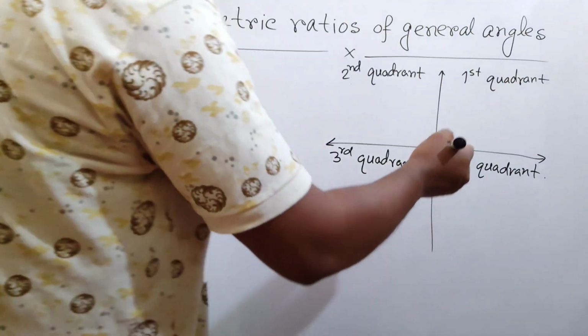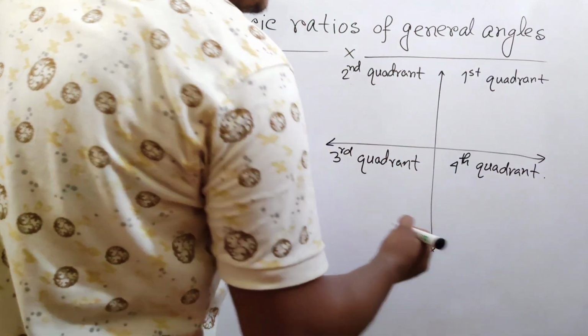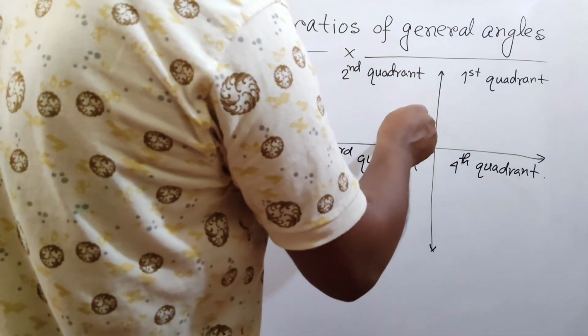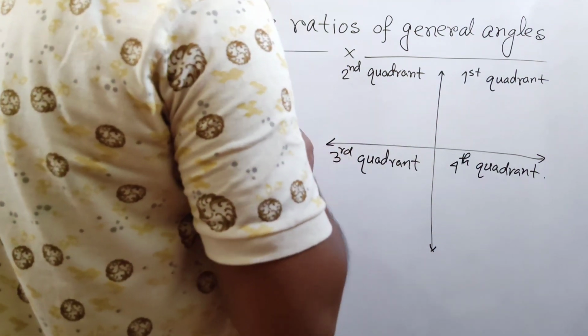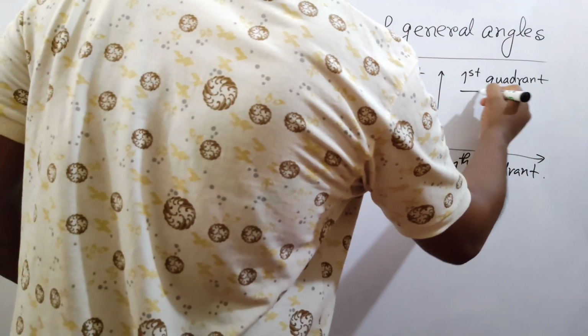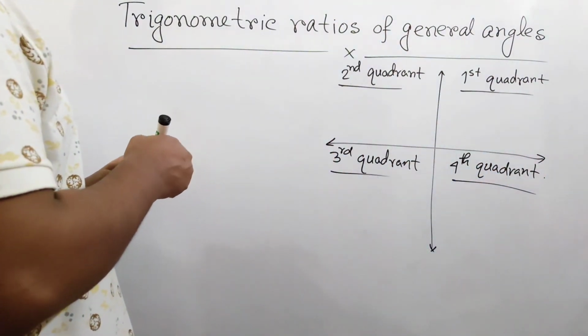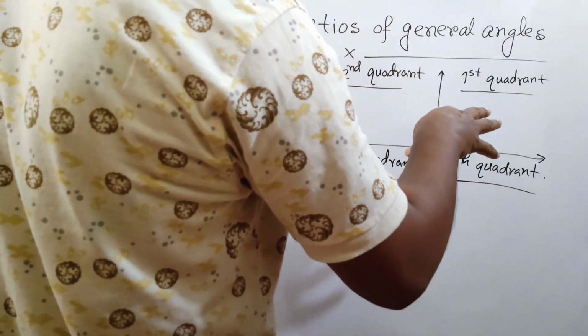That means the whole circle, that is 360 degrees, is divided into 4 parts, so each part of this quadrant is 90 degrees.